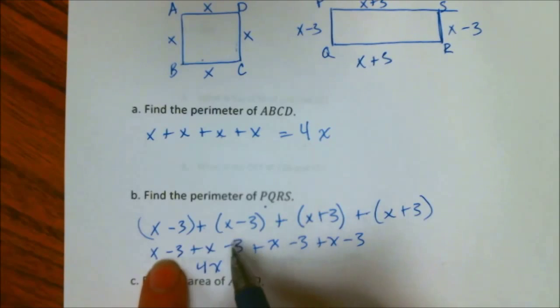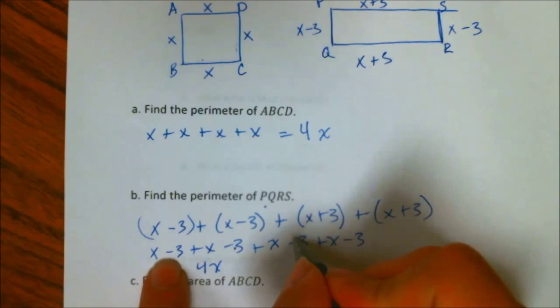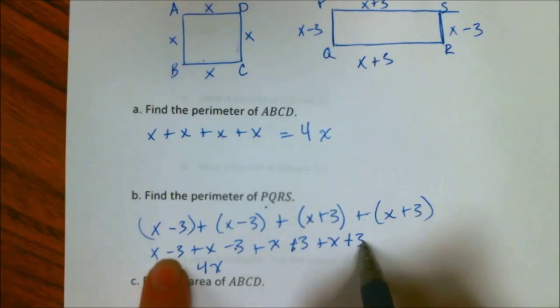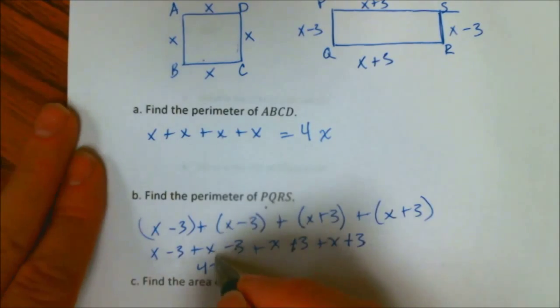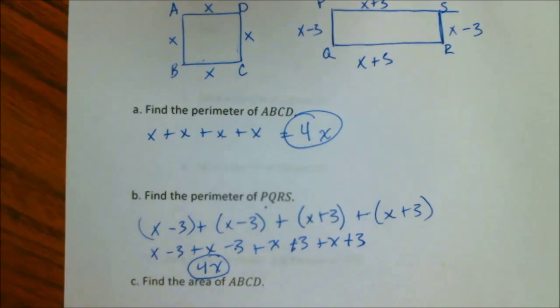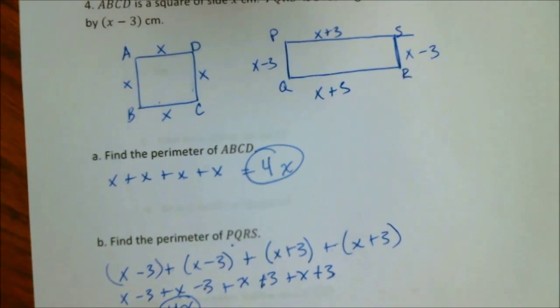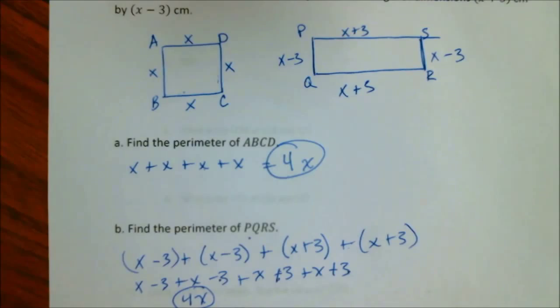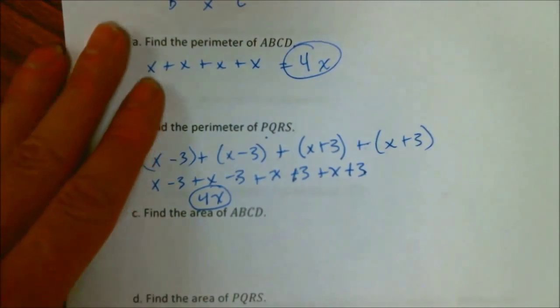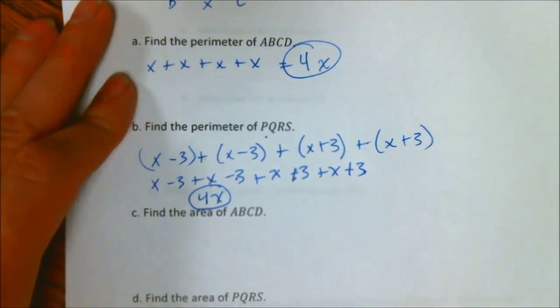And a negative 3 minus 3 is a negative 6. Plus 3 is a negative 3. Plus 3 is 0. So I'm left with a perimeter of 4x here and 4x there. Ask yourself if that's possible. If you want to dwell on it, go ahead and dwell on it. Pause the video and dwell on that for a minute and ask yourself why that's possible.